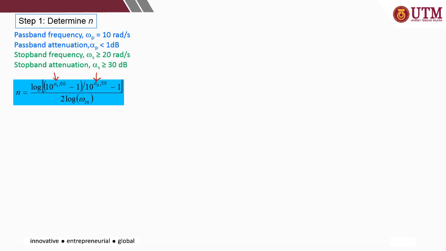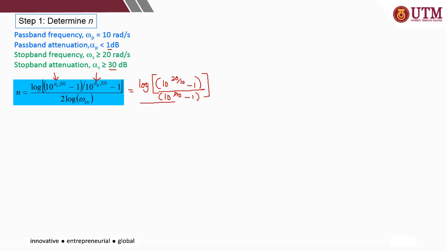For example, log10 of 10 to the power of alpha s over 10 minus 1. Alpha s is 30 dB, so put 30 divided by 10, minus 1, and divided by 10 to the power of alpha p over 10 minus 1. Alpha p is 1, so 1 divided by 10, minus 1.